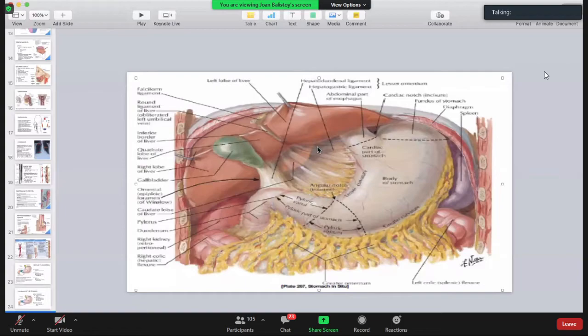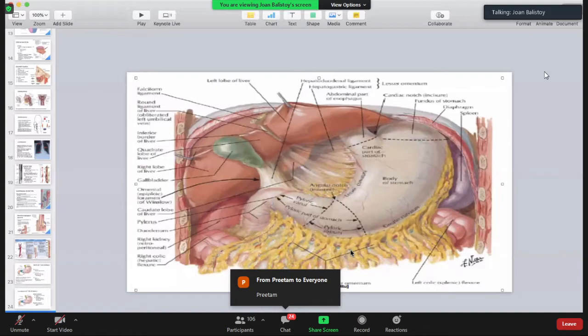The greater omentum is composed of the gastrocolic ligament, meaning stomach to colon, gastrosplenic ligament, stomach to spleen, and gastrophrenic ligament, stomach to diaphragm. All right, so those are the 3 ligaments that comprise your greater omentum: gastrocolic, gastrosplenic, and gastrophrenic.